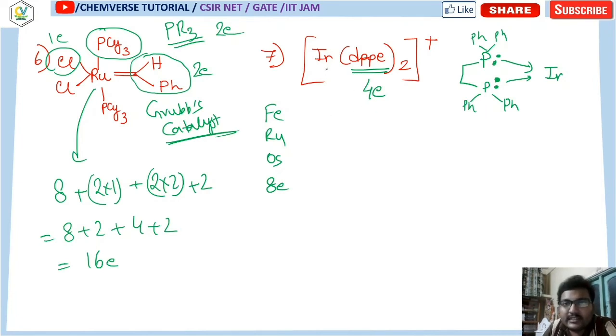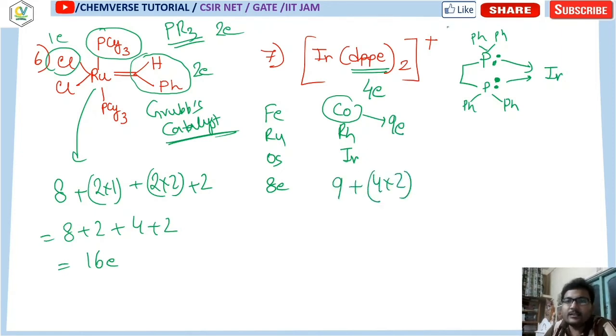Iridium is present in the cobalt series, cobalt, rhodium and iridium, and cobalt means there are 9 electrons. So for iridium, 9 plus 2 DPPE, so 4 into 2, and there is 1 positive charge. You will subtract the positive charge. So 9 plus 8, 17, minus 1, 16 electrons. You will get a 16 electron species.